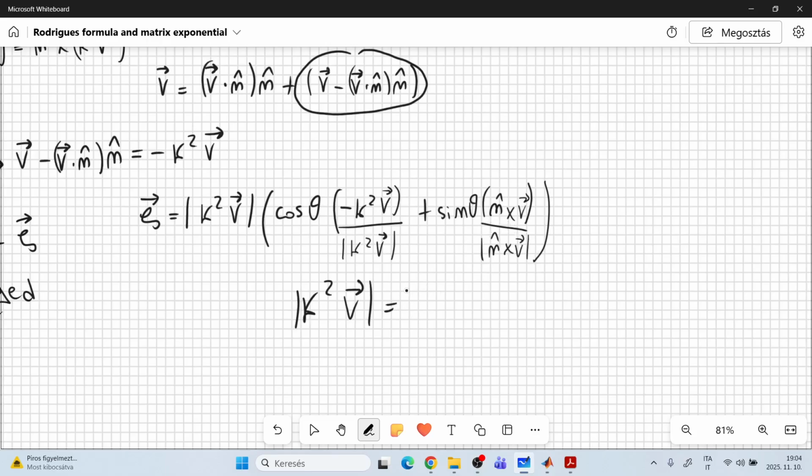And that's because we can write it as n cross kv. But this is also equal to n cross v. And the angle between this vector and this vector here is 90 degrees.